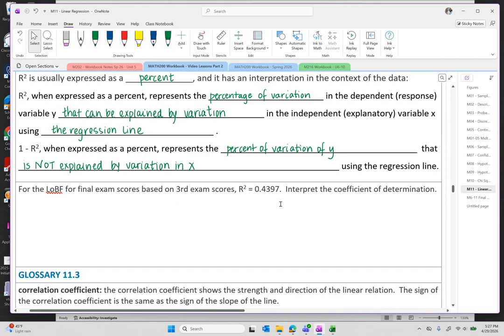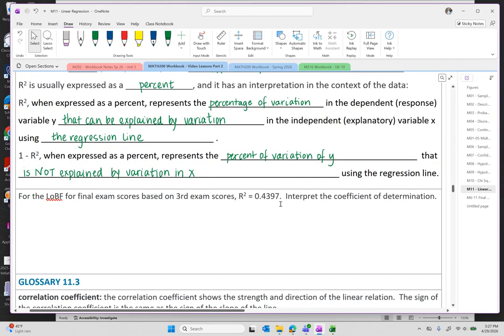If we want to interpret the coefficient of determination, we will say that approximately 44% of the variation in the final exam score, the dependent variable, can be explained by variation in the third exam score, which is the independent variable, using the regression line.